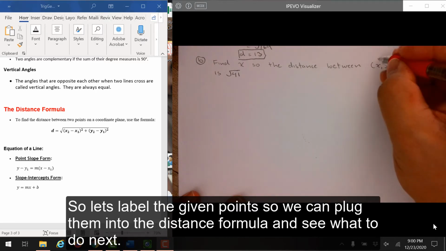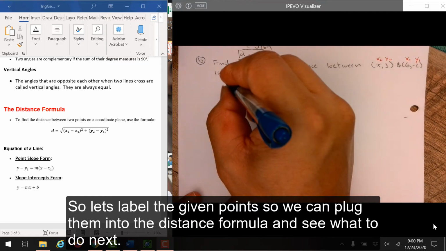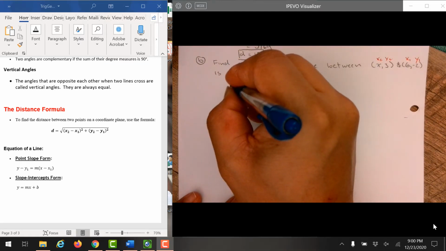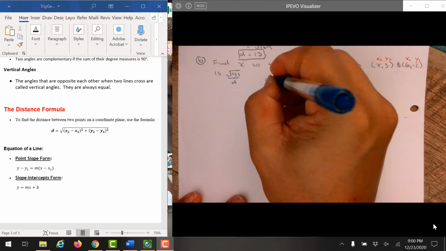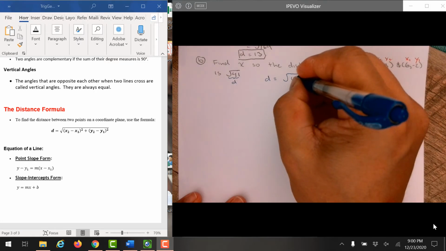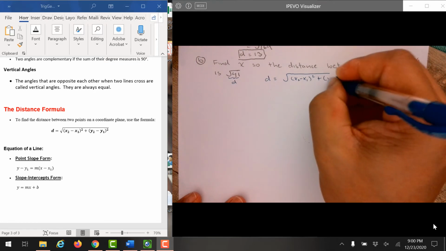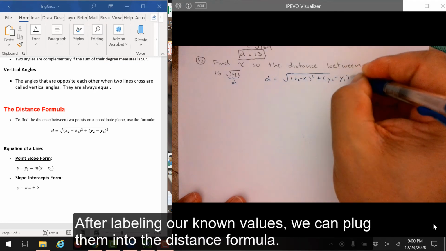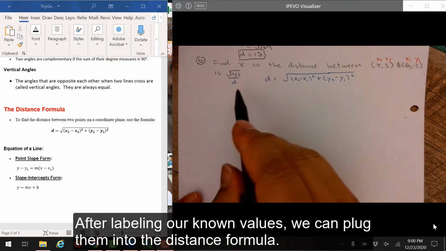So let's label the given points so we can plug them in the distance formula and see what to do next. After labeling our known values, we can plug them into the distance formula.